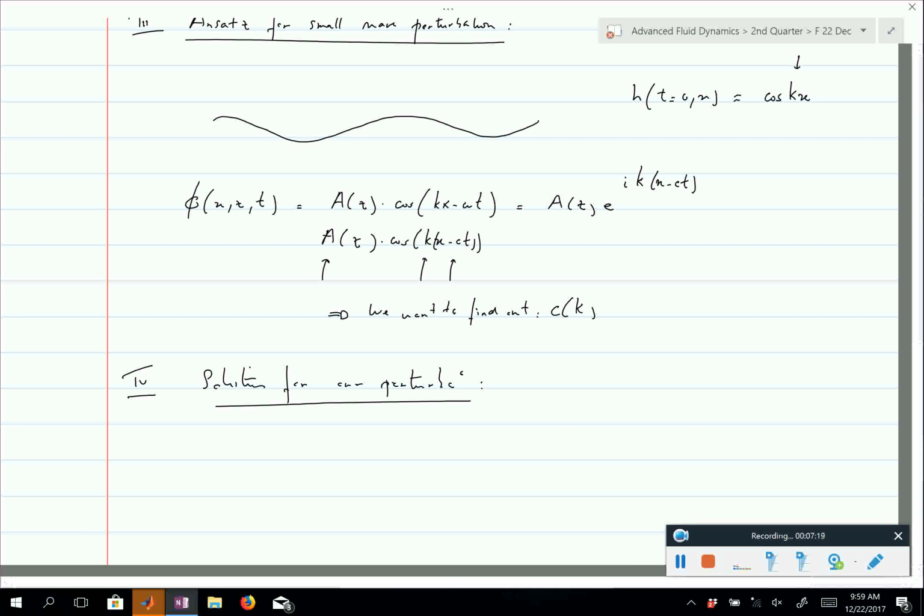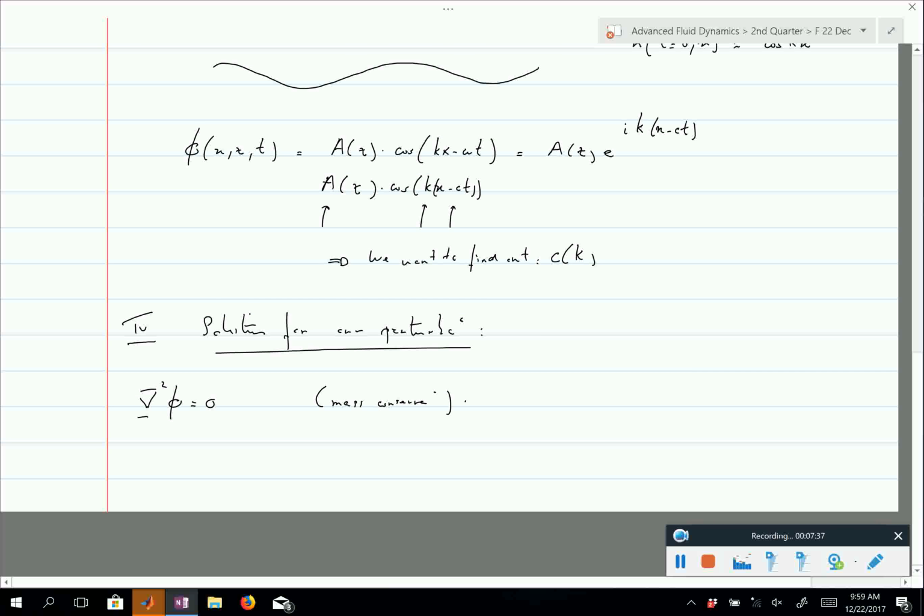Okay, so we want to make sure that we have the Laplacian of phi equal to 0. So we take our ansatz, well, assumption. An ansatz is essentially an educated guess. You take our educated guess, you put it into your Laplace equation.